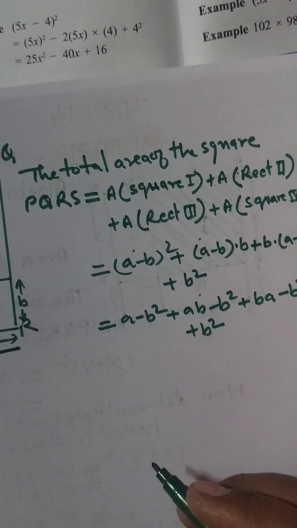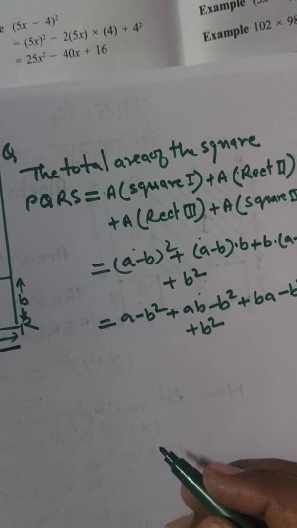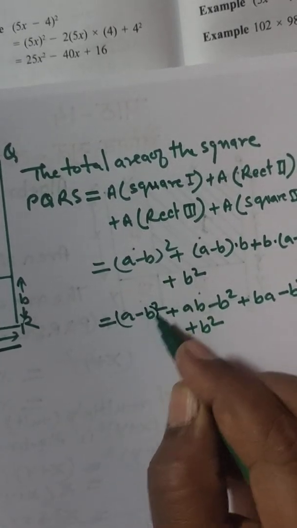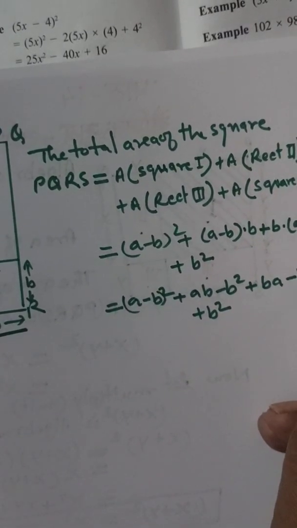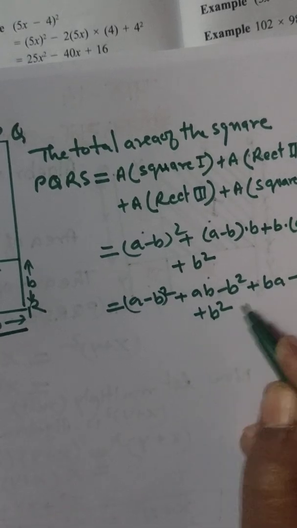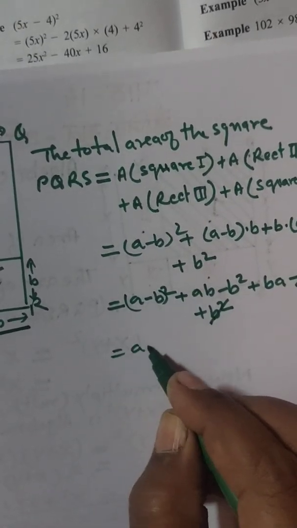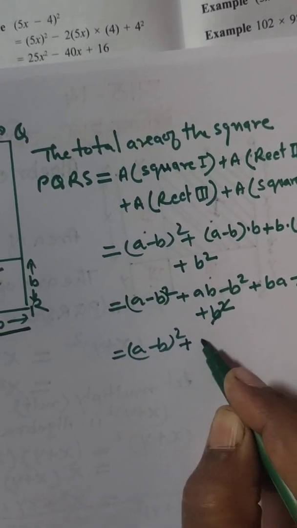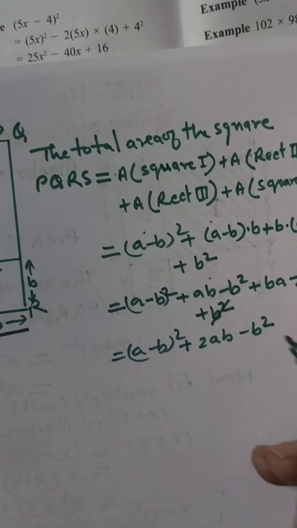Then what you get? This is A minus B whole square. Okay, then minus B square plus B square cancel. This is A minus B whole square plus 2AB minus B square.